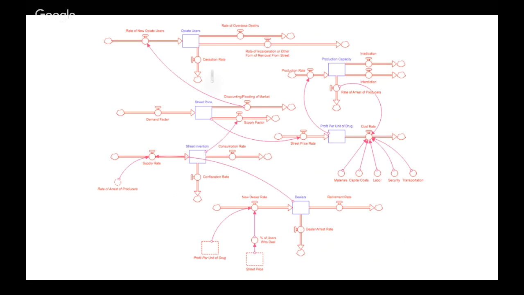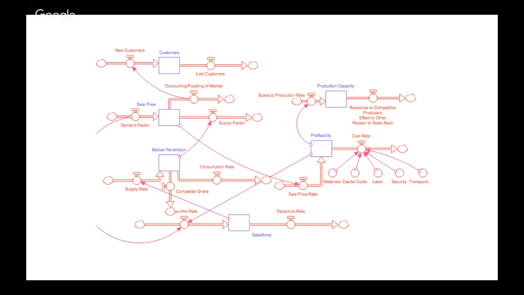So here I'll switch to the final slide, where I've now abstracted those elements, and you can see customers and sales price and market penetration, production capacity, profitability, scaling up, cost of goods sold, departure rate, competitor activity, discounting, and sales.